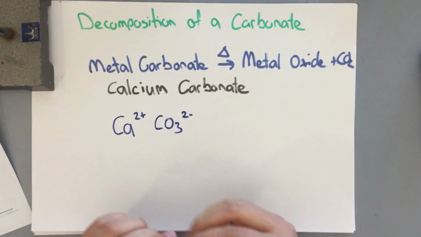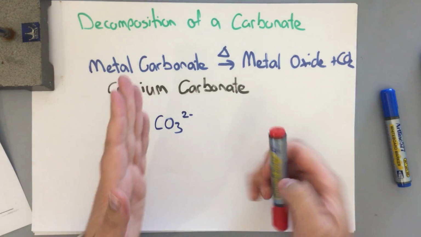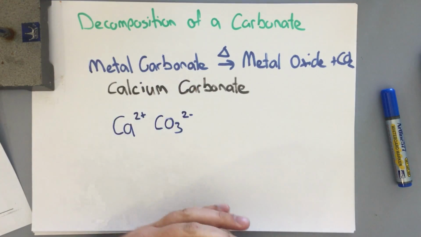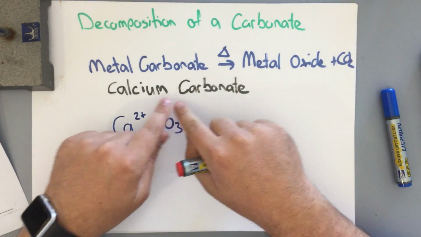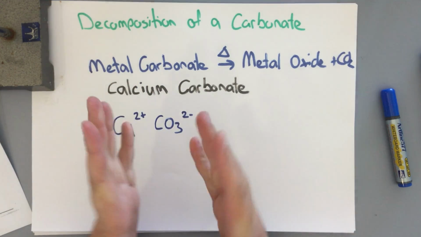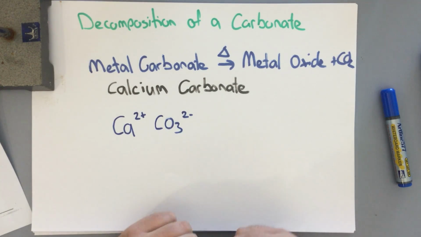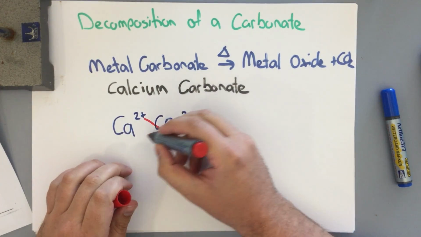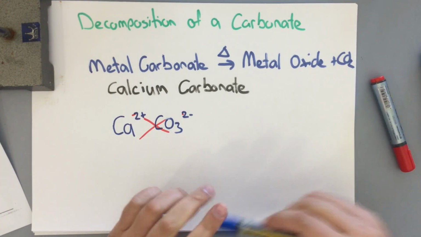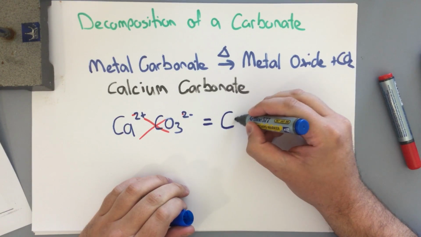What this tells us is this whole CO3 has a valency of 2-. We think of the carbonate in this case as being a whole element or a whole molecule. And then calcium 2+, carbonate 2-. We can swap and drop, but we know that 2 and 2 are equal. So our end formula is going to be CaCO3.